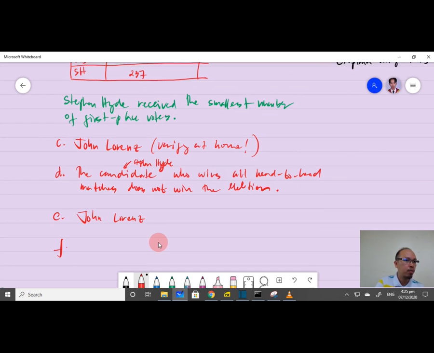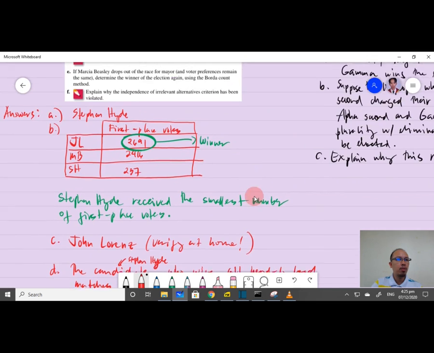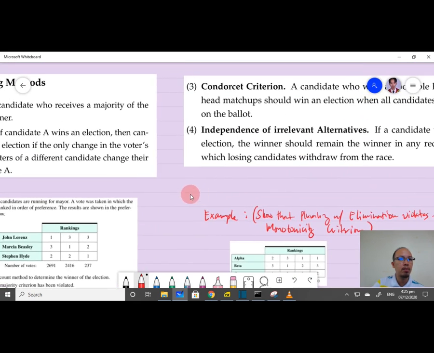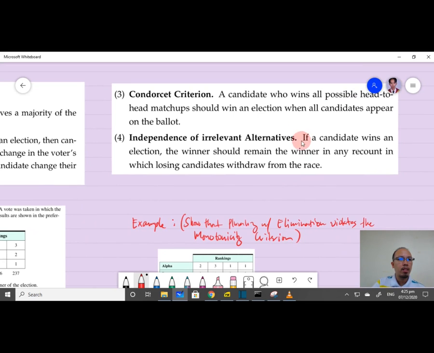Letter F. In letter F, you are going to explain why the independence of irrelevant alternatives criterion has been violated. So if we go back to the definition of the independence of irrelevant alternatives, it says, if a candidate wins an election, the winner should remain the winner in any recount in which losing candidates withdraw from the race.